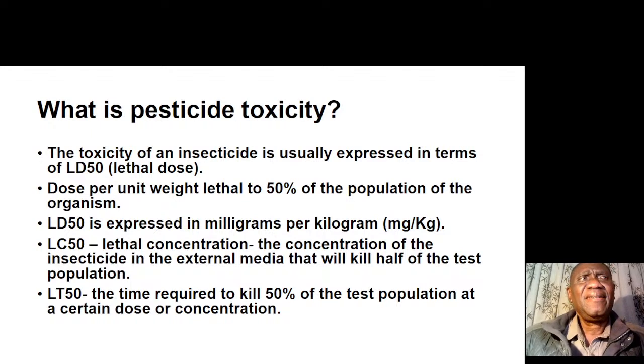LT50 is the time required to kill 50% of the test population at a certain dose or concentration. But in most cases, we use LD50 just to get an idea of how toxic a substance is, or how toxic the pesticide is.